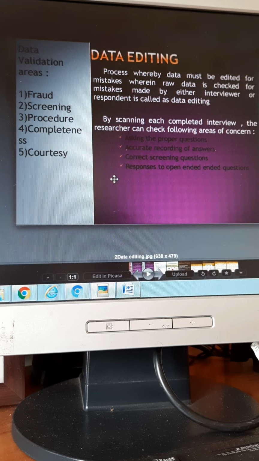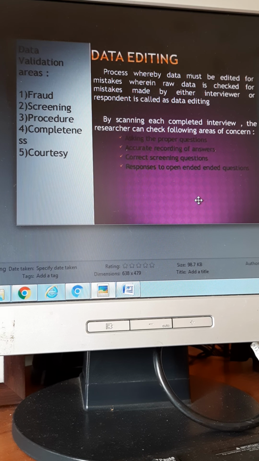So sometimes how they practically do it is, they have the respondent's number, they call up and they choose maybe 1 in 10 at random. They will choose, call up the respondents and check whether the questionnaire is filled properly or whether they themselves have sat and fraudulently written it.